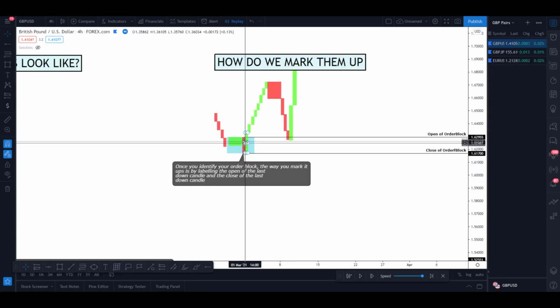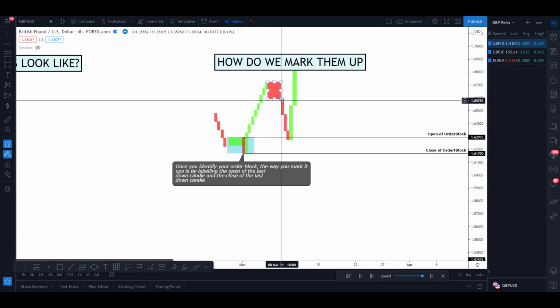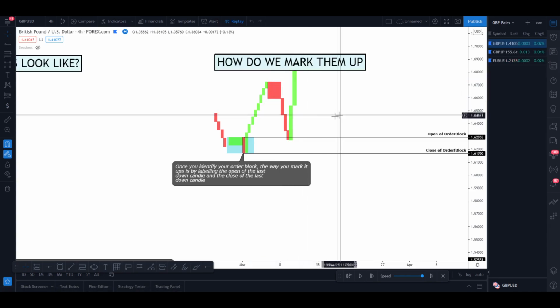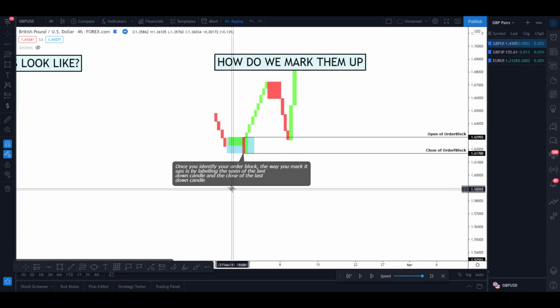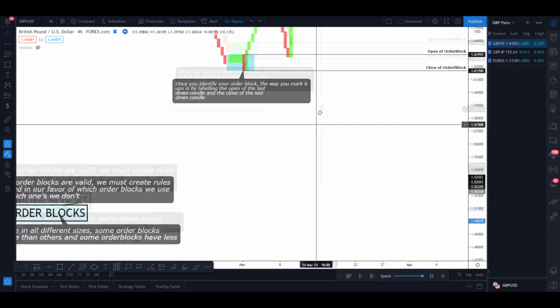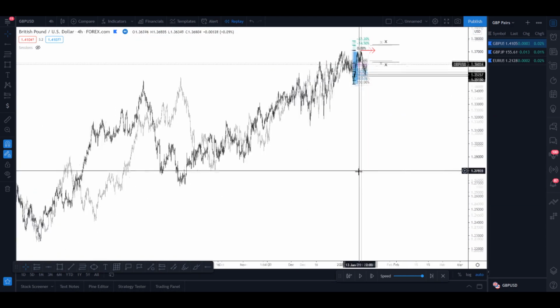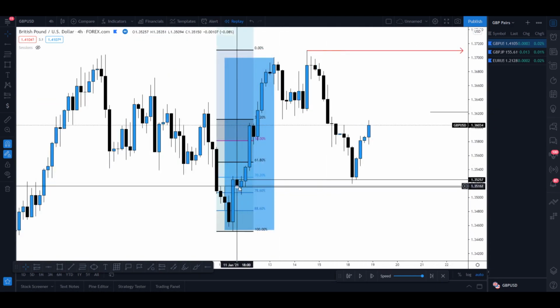In this case, this is our last down candle before the move up, and vice versa for a bearish example, or a bullish example, last up candle before the move down. Once you identify it, just label it open to the close. Let me just go back right here. So right over here, we label the open to the close.